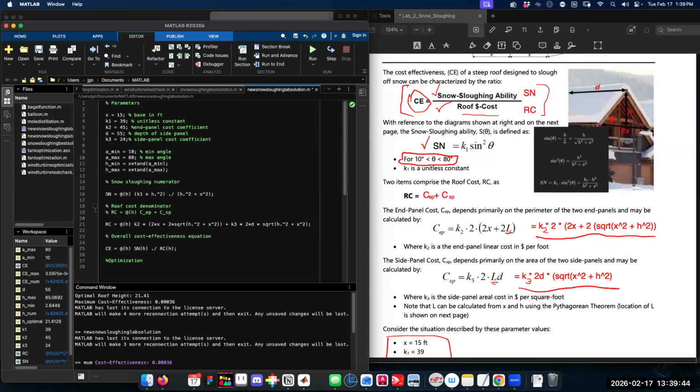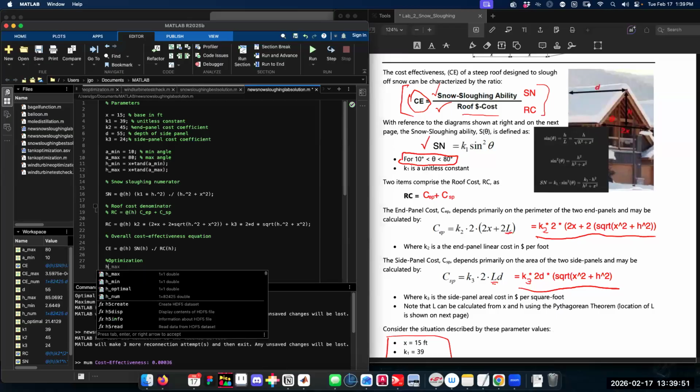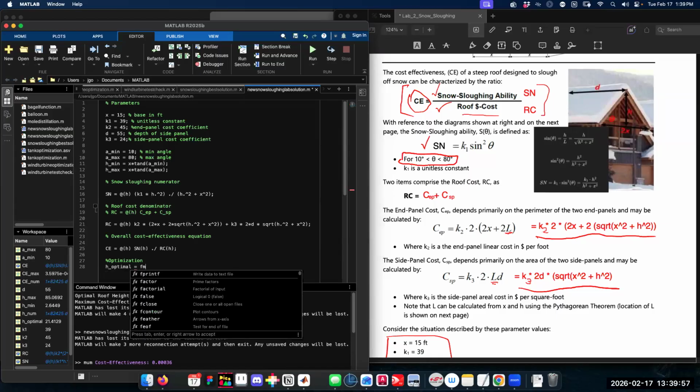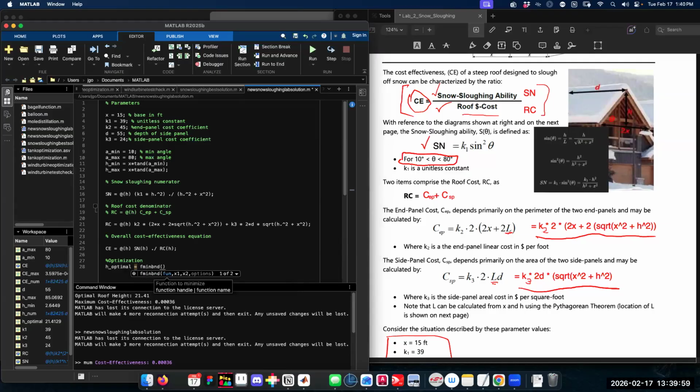So we need the maximum of this thing, and usually we will store it as the h optimal variable, and then we'll do fminbound, so like we need the function and the bounds.